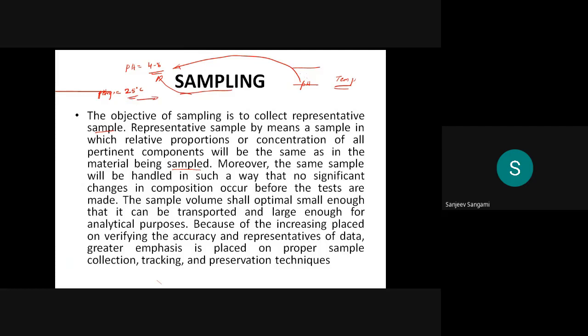If you bring this to the lab, it should represent the field characteristics.